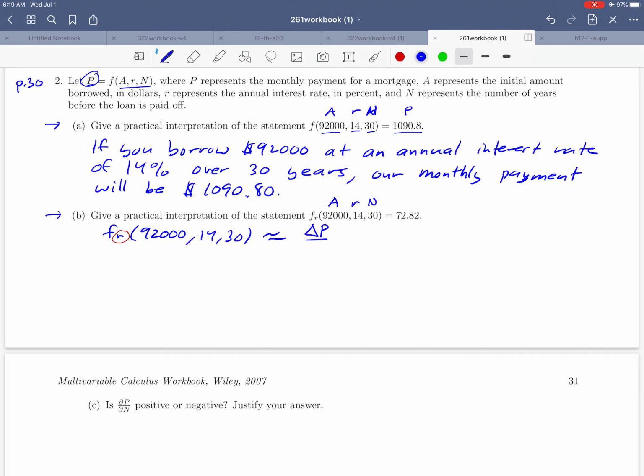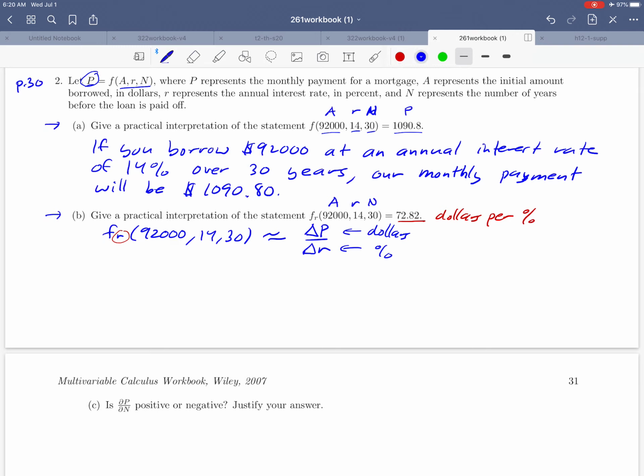So this is approximately the rate of change of our payment over our interest rate. Our monthly payment is in dollars and our interest rate is in percent, so the 7282 has units of dollars per percent. You can think of it as the rate at which our monthly payment is going to go up relative to increases in the interest rate.